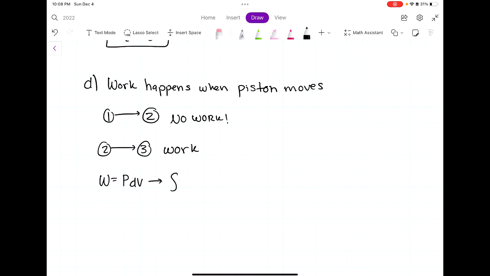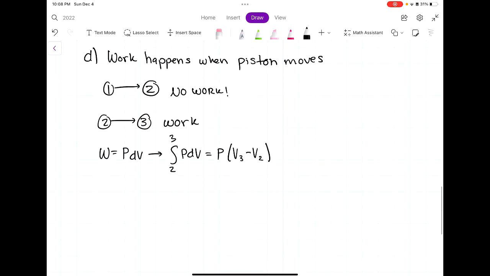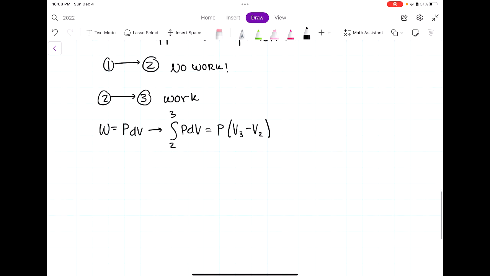Another way of writing it is like this, from state 2 to state 3, because from state 1 to state 2 there's no work happening: the pressure times the volume at state 3 minus the volume at state 2. Not too bad. I'm going to plug in those numbers.